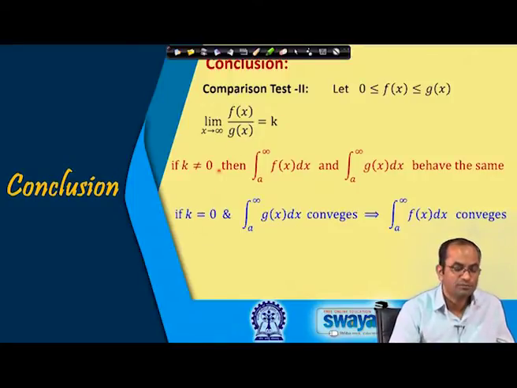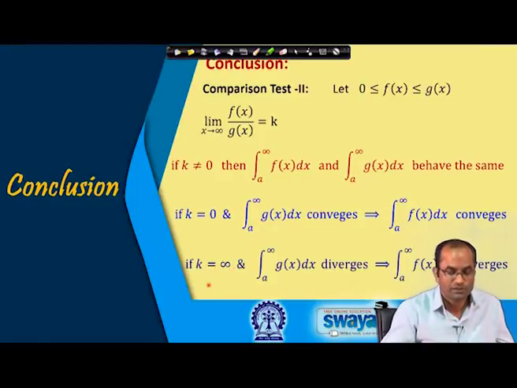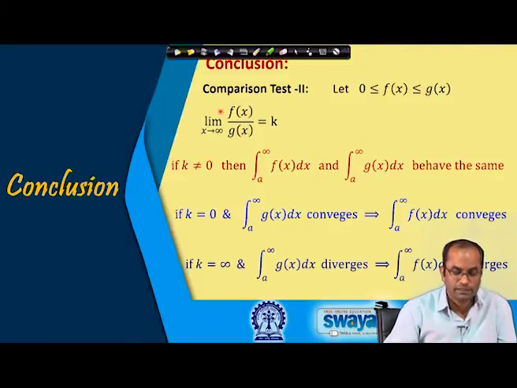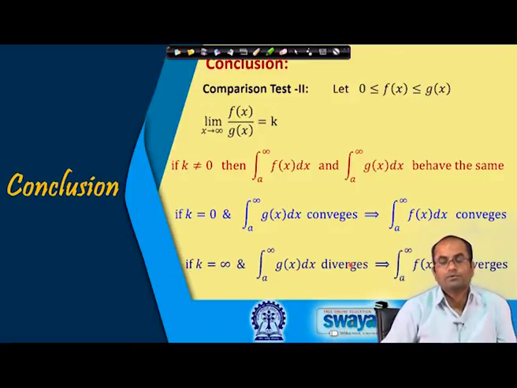If k is equal to 0, that means g is growing much faster, and in that case if the g integral converges, the other one will also converge. We also have the result that if k is infinity and the g integral, which is the smaller one, diverges, now that f dominates, the bigger one will naturally also diverge.